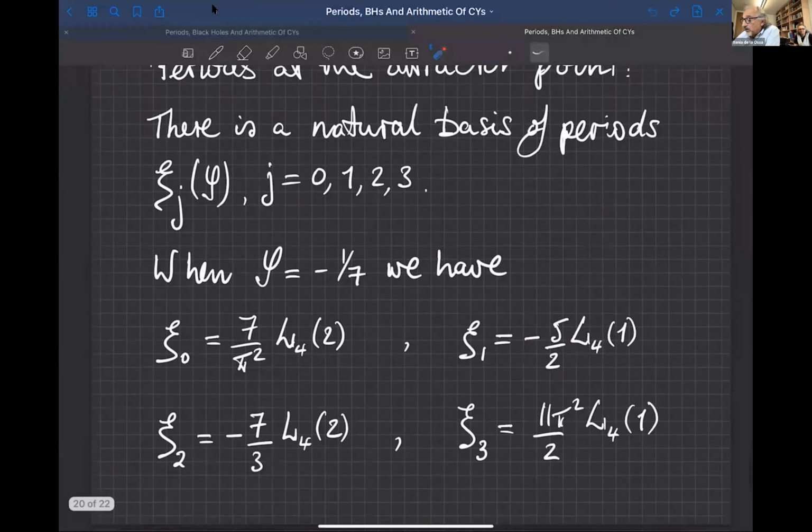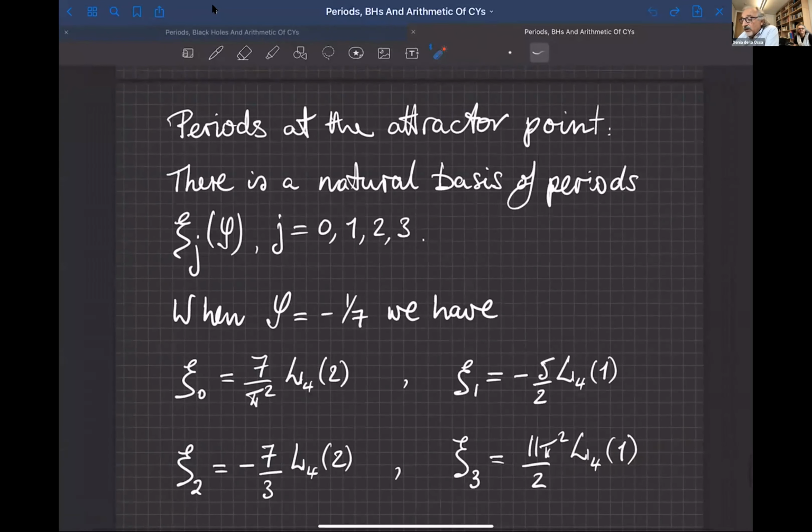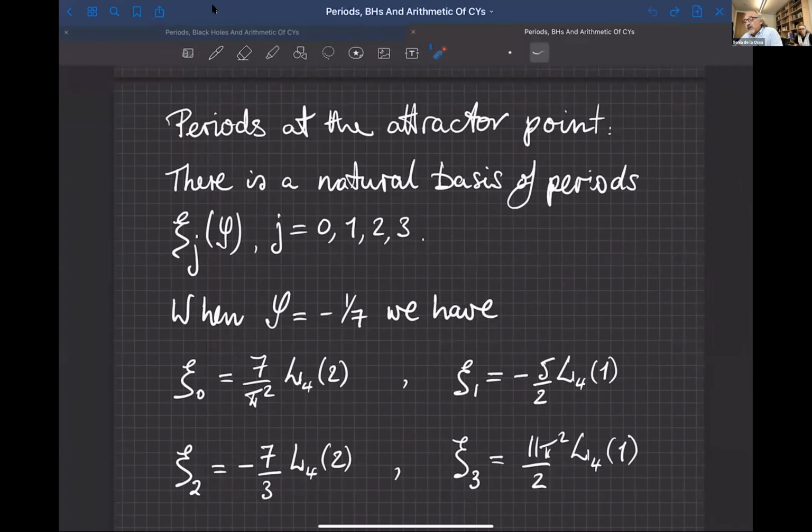Okay, so I won't explain this too much, but periods at the attractor point, there's a natural basis of periods, ψ_j, j is 0, 1, 2, or 3. And when φ equals -1/7, we have that the ξ's are simple multiples of either L41 or L42.